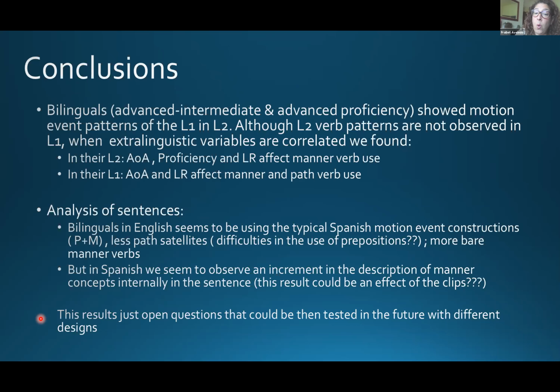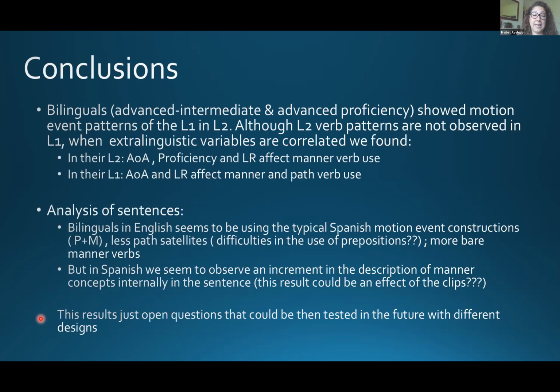And although L2 verb patterns are not observed in the L1, when we analyzed at the level of the verb, the extralinguistic variables, we found some effect of age of acquisition and length of residency, not only in the L1, but also in the L2.